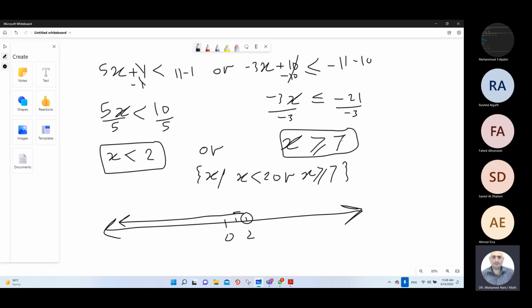And here represent 7: 3, 4, 5, 6, 7. Use a shaded circle because you have equal in the sign, means include.